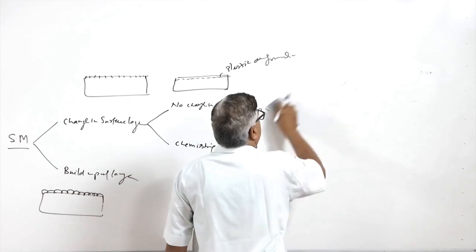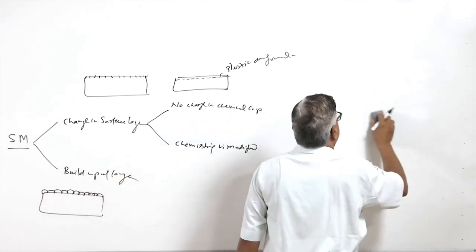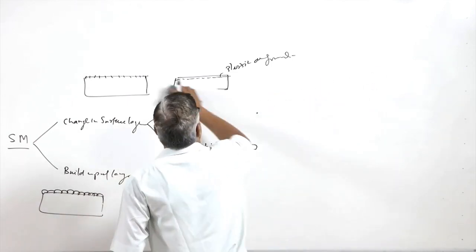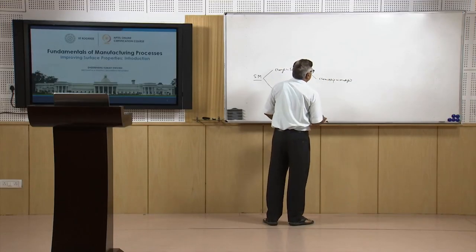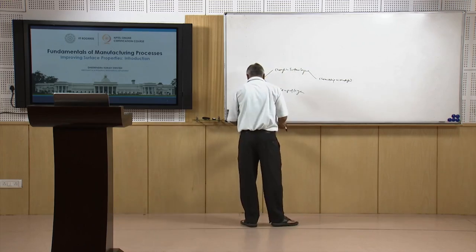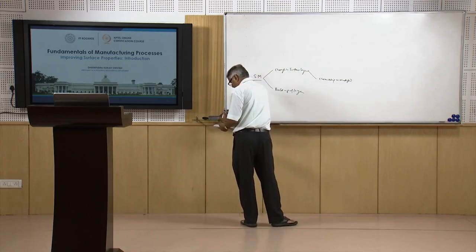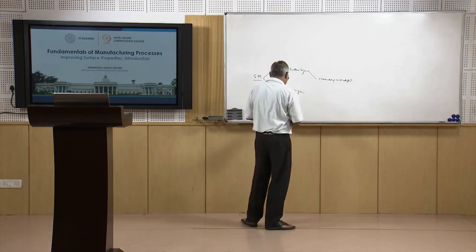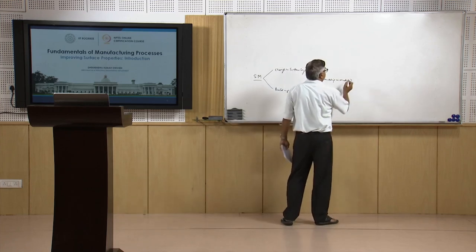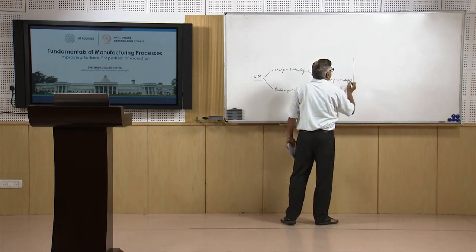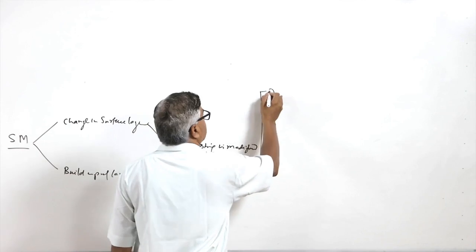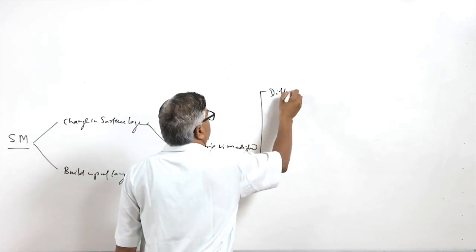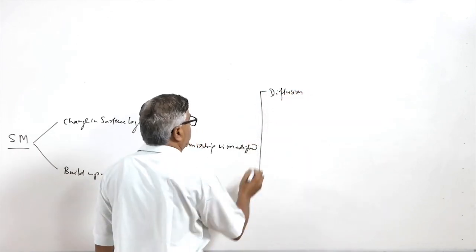Now we will talk about another group of processes where chemistry is modified. In this approach where chemistry is modified, there are different mechanisms which help in realizing this. One is chemical modification through diffusion.